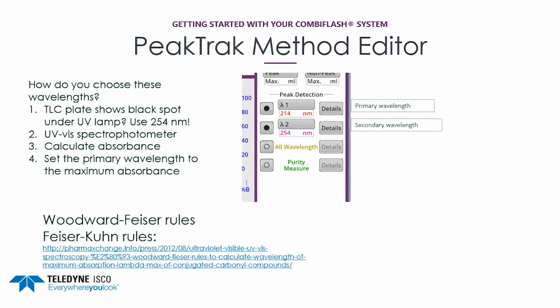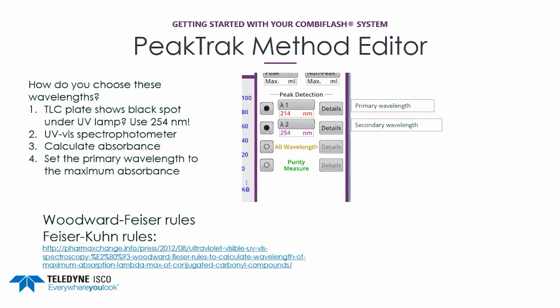We discussed TLC earlier. If you see a black spot on the TLC plate when using a 254 millimeter light, you may use 254 millimeter as a detection wavelength because the compound has at least some absorbance at that wavelength. A UV vis spectrophotometer is useful for finding the maximum wavelength.